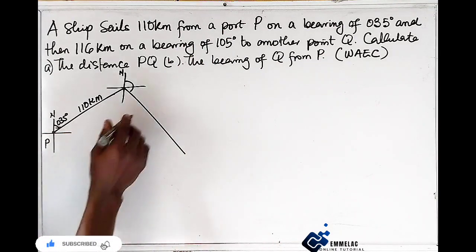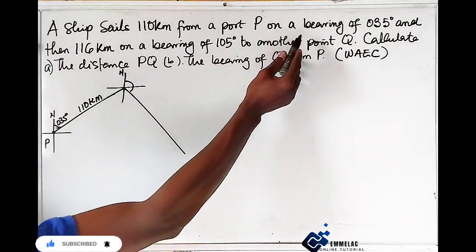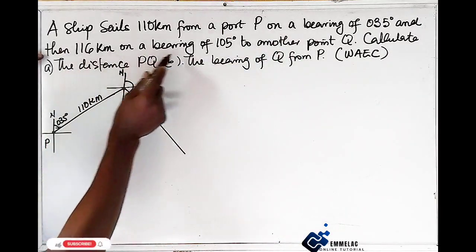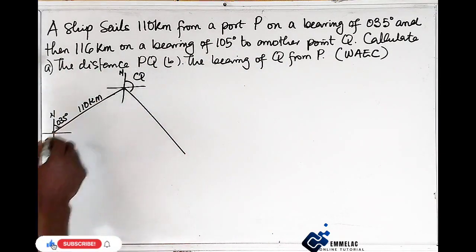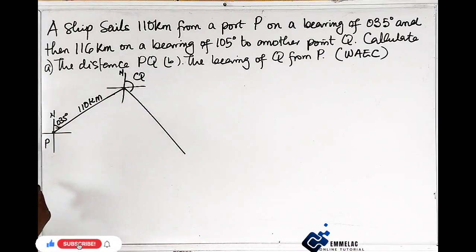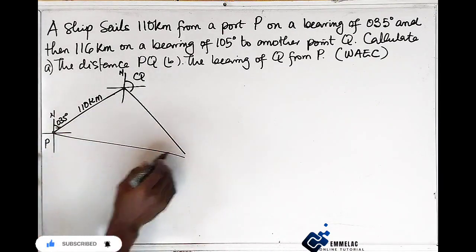Now the distance from port P to another, then to port Q. This is Q. From this end here we have our distance.